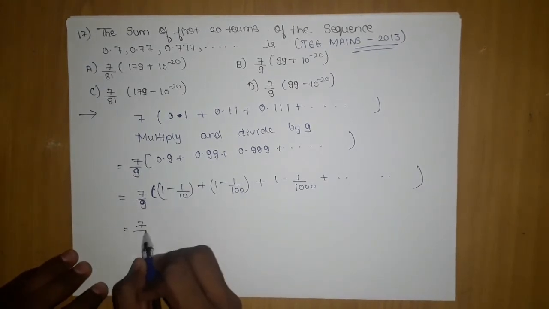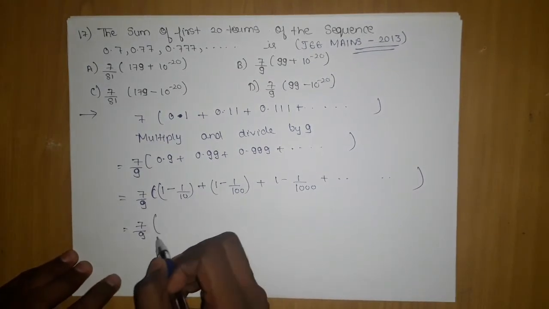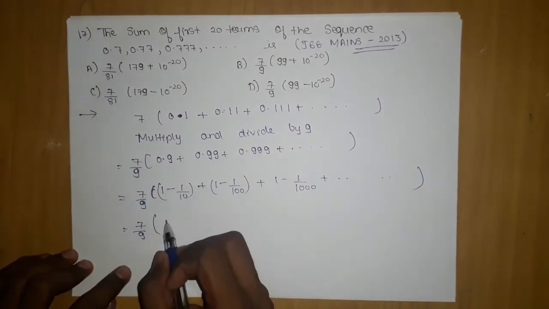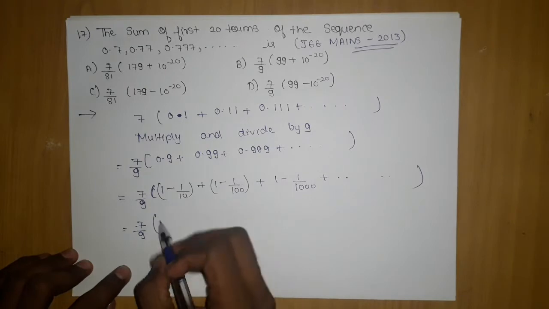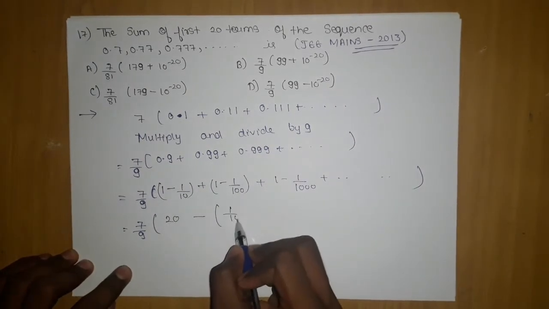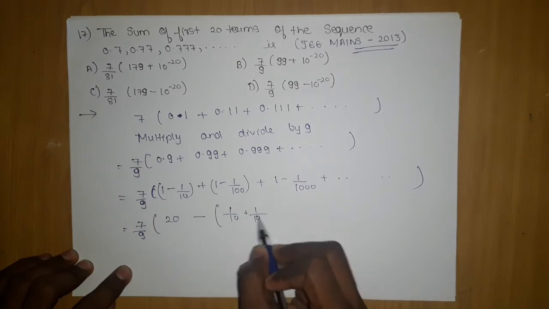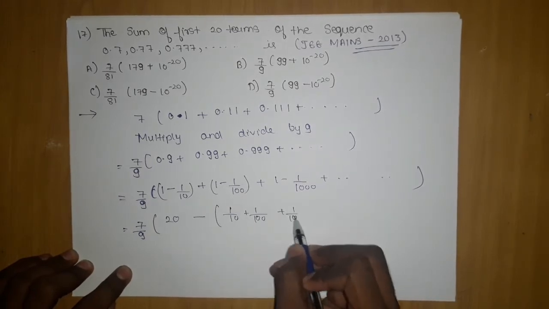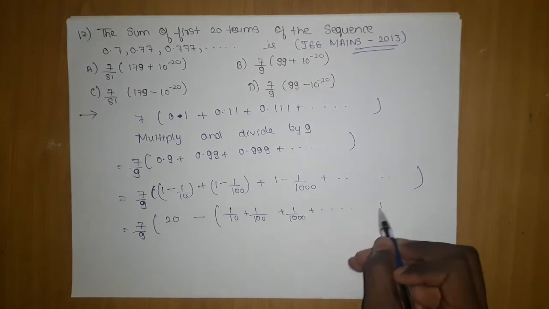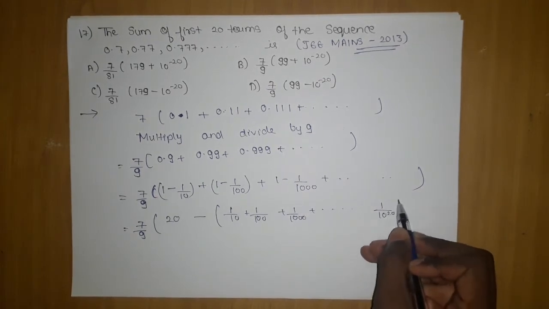If I collect all the terms, 1 will appear 20 times, so here 20 will appear, and taking the negative outside, I will be left with 1 by 10, 1 by 100, 1 by 1000, and it will go on till 1 by 10 to the power 20.